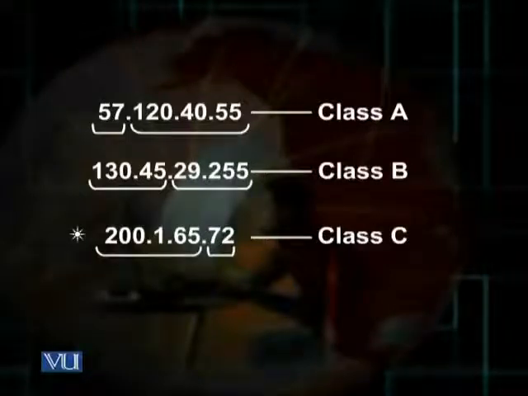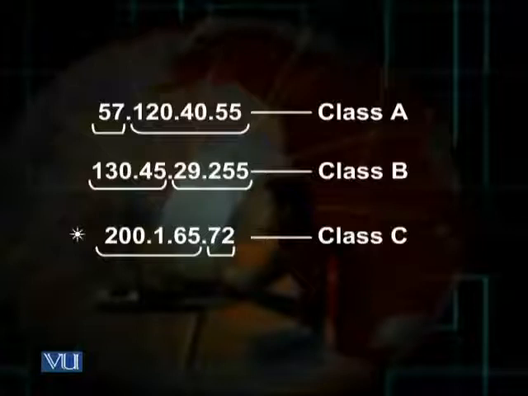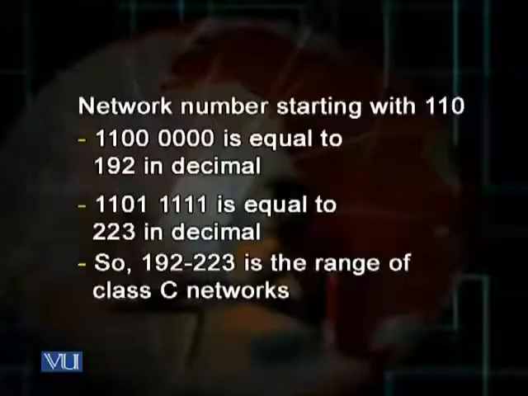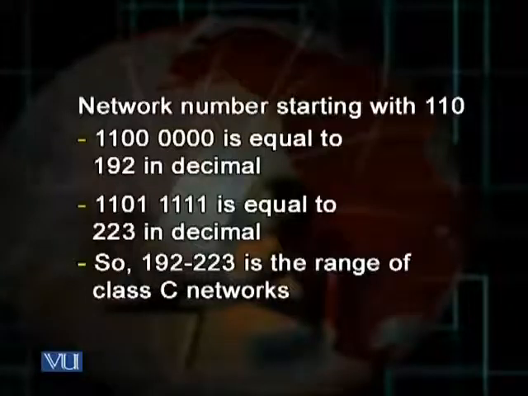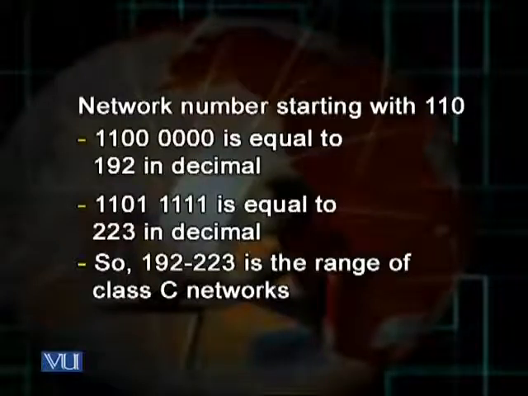Similarly, we can also make use of the first byte to get a class C network. Remember, the range for class C networks is from 192 to 223. So if we subtract 192 from 223, there are 32 different possibilities.